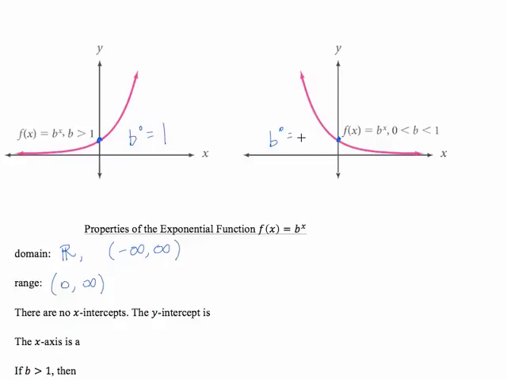So no matter what the base is, the y-intercept is always going to be 0, 1. The x-axis, because the function approaches it out here but never quite touches it, and also out here, is actually a horizontal asymptote.